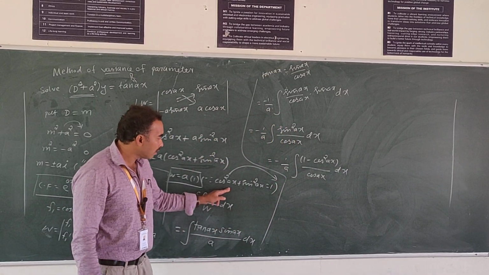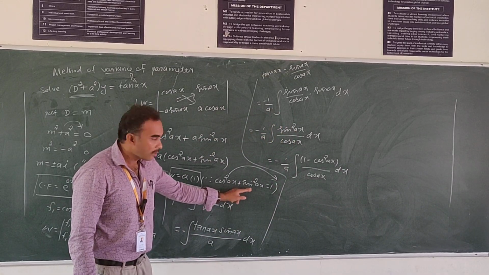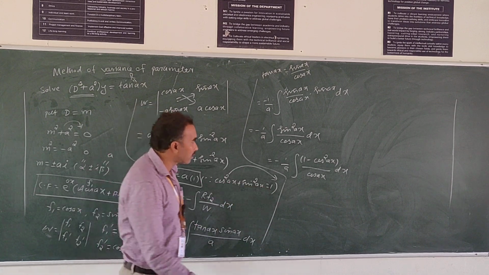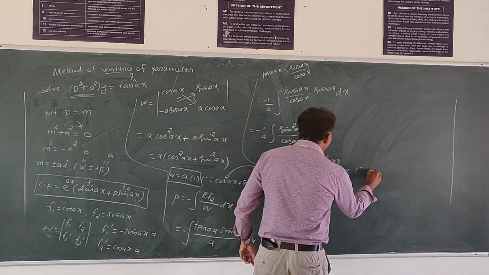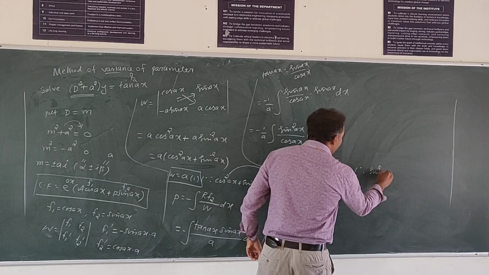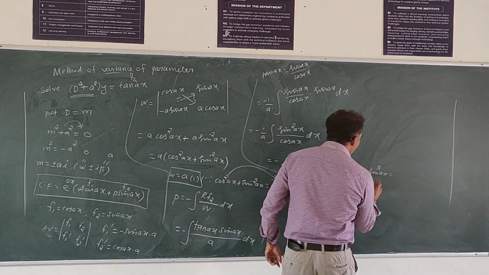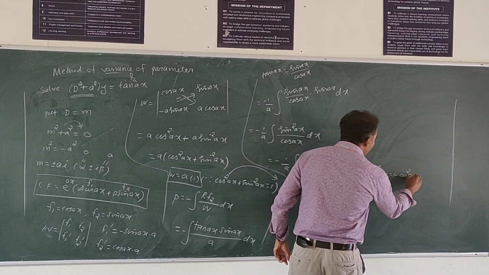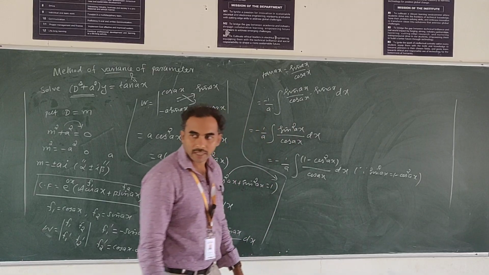The formula is that sin² ax can be written as 1 − cos² ax. Write the formula here.